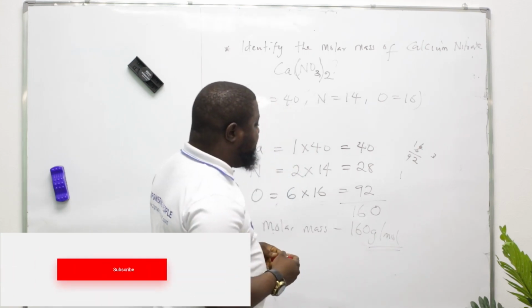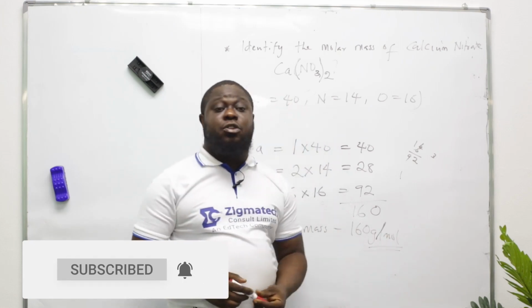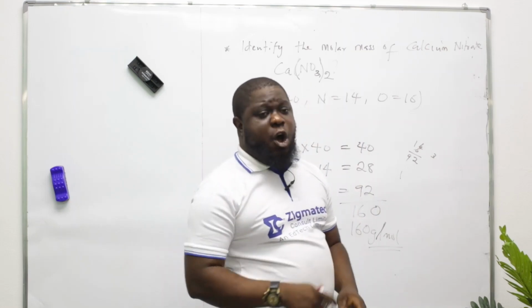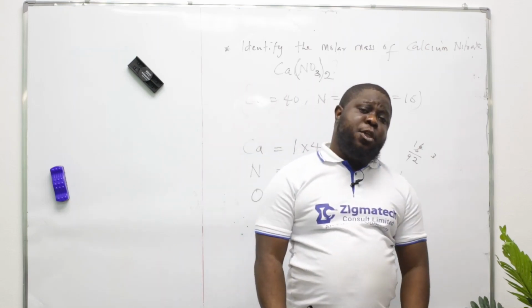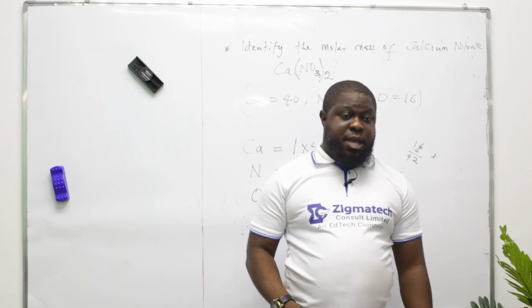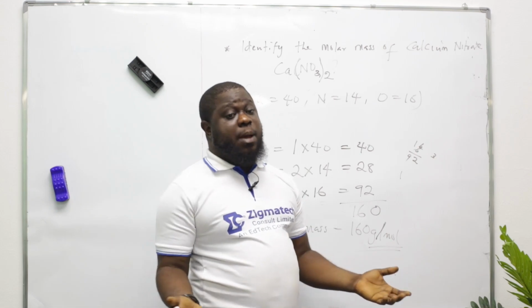Remember, if you do not put this grams per mole, the answer is not correct. You must place each SI unit on every calculation you make. Otherwise, the answer will not be correct. If I say 160, you do not know what I'm looking for.